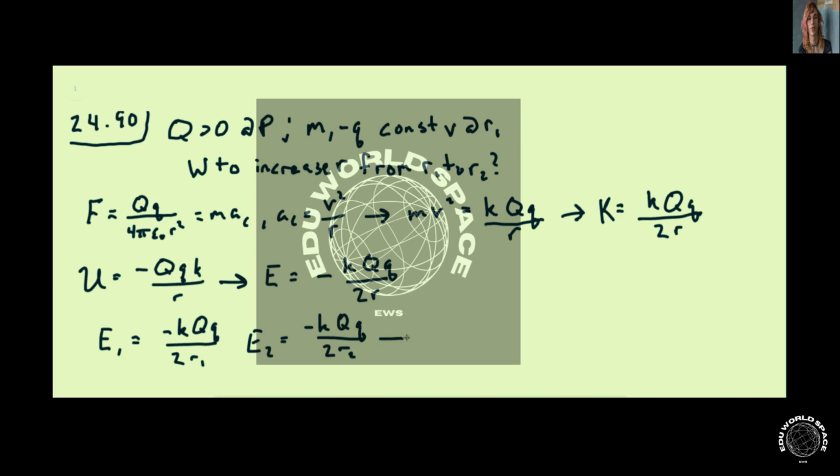And so the work is what's needed to make up the difference in those two energies. Because if there's no work from some external source, then the conservation of energy says that nothing is changing. So this is the final minus the initial.